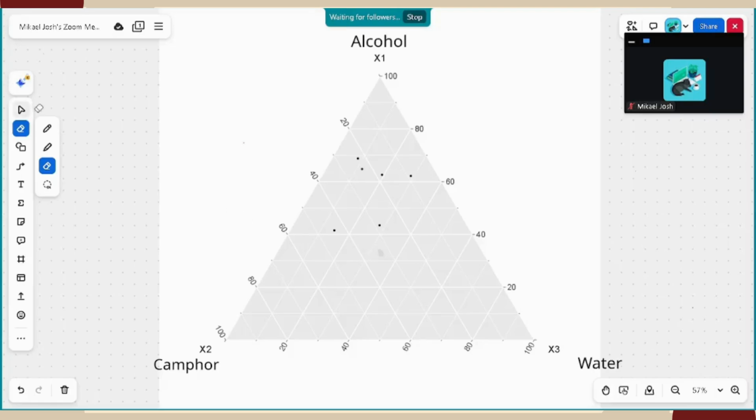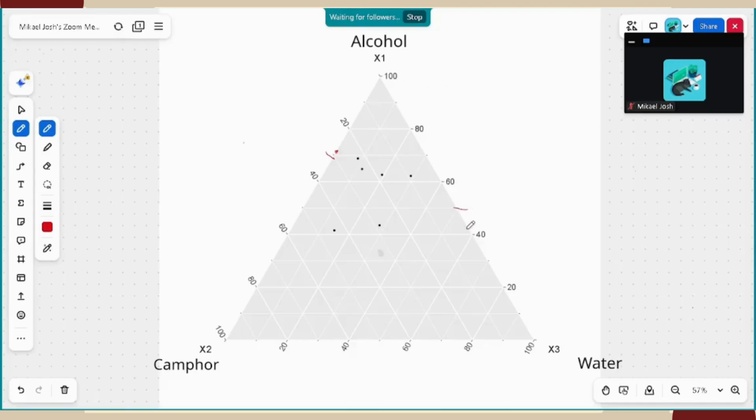Let's try to construct our first sample. We have 28.399% of camphor. This here should be 30, so around here is 28. Then we have 43.468% of alcohol.